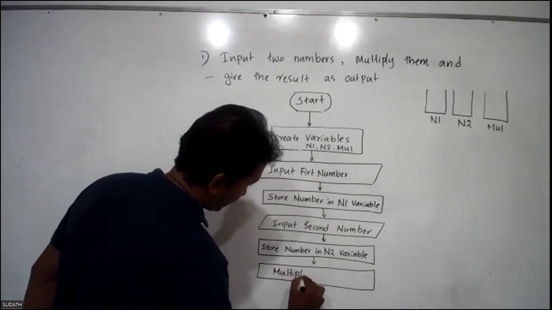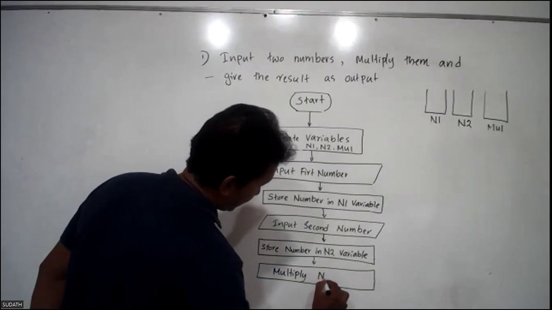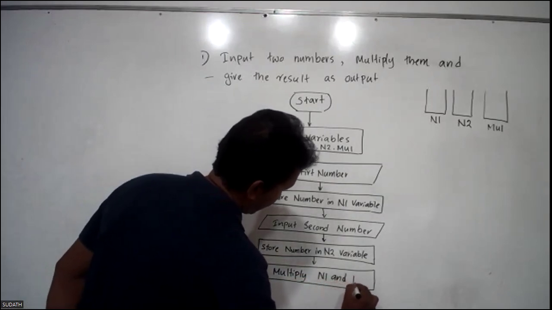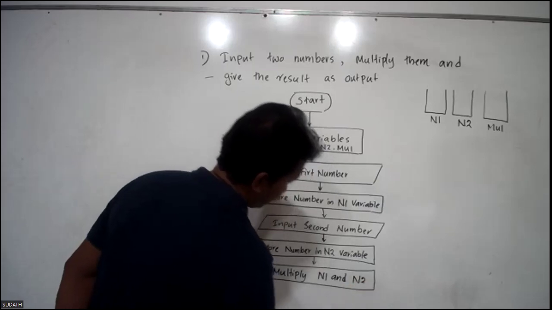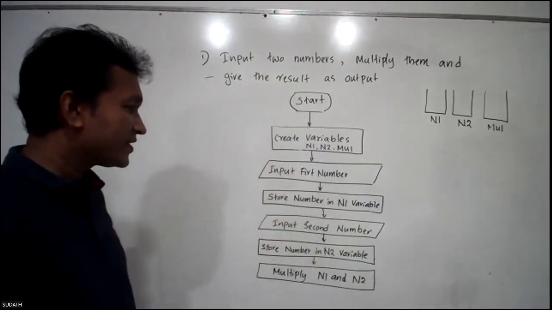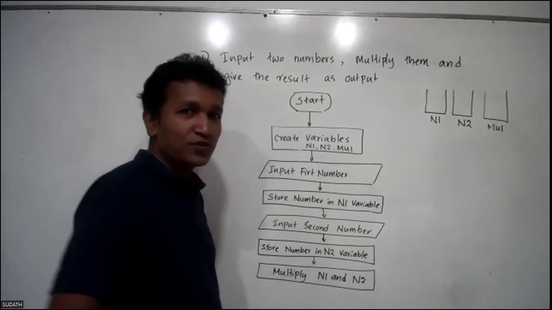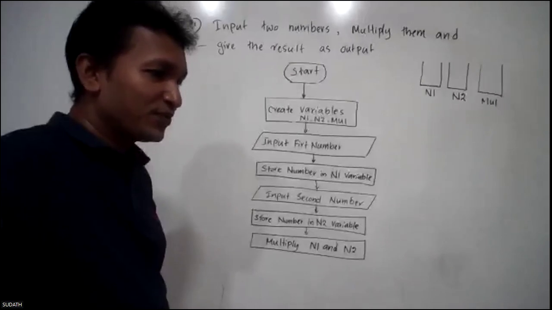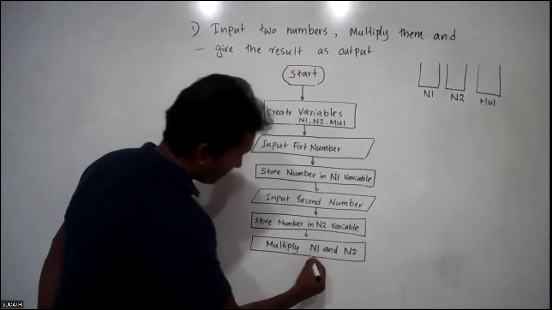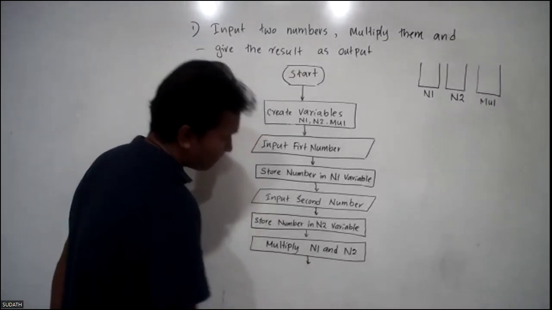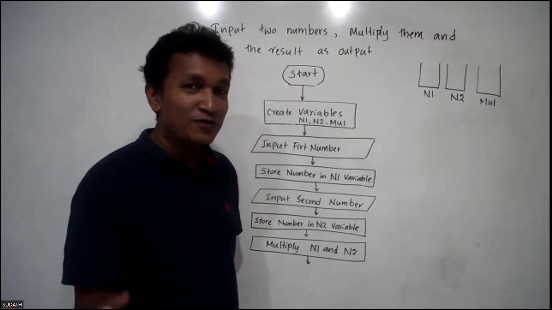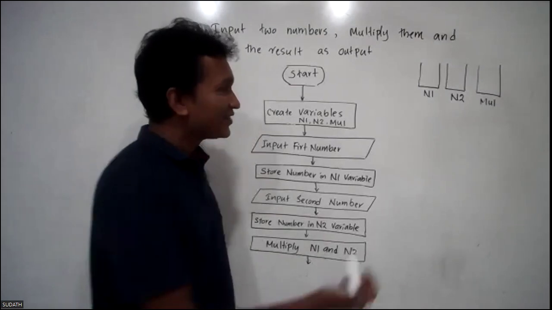Multiply n1 and n2. That is our process to multiply those two numbers. Then we need to store that one.